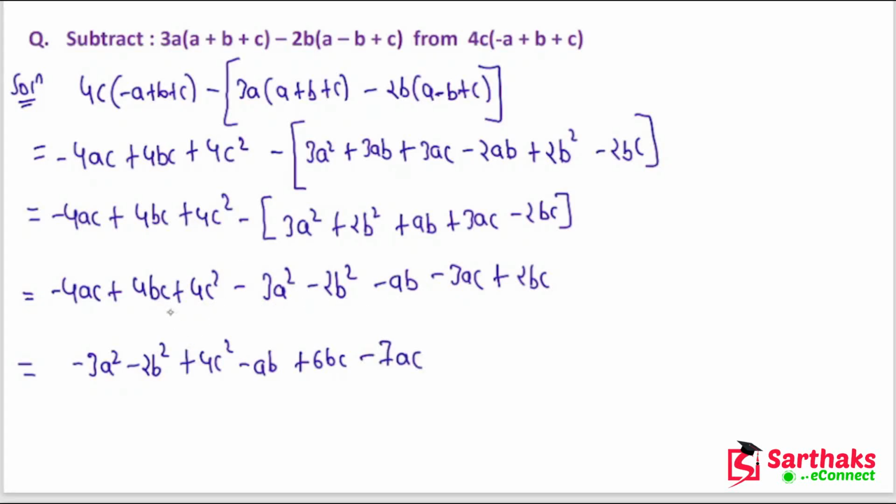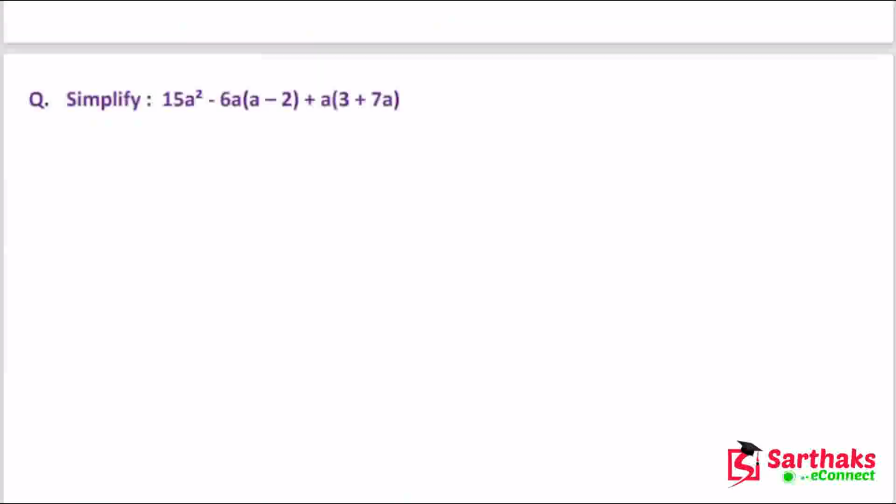See, we have not left anything. We have combined ac and ac and then bc and bc. So it would be minus 3a square minus 2b square plus 4c square minus ab plus 6bc and finally minus 7ac. You should never be confused. You should always write them clearly and have some space within the terms so that you can write the powers correctly. Okay, let us move on to the next question.